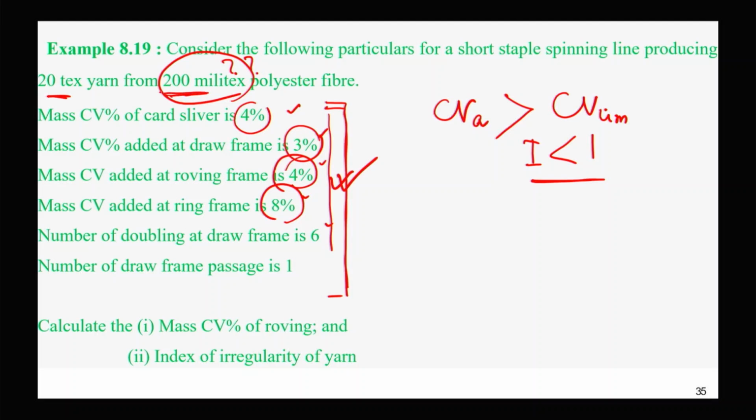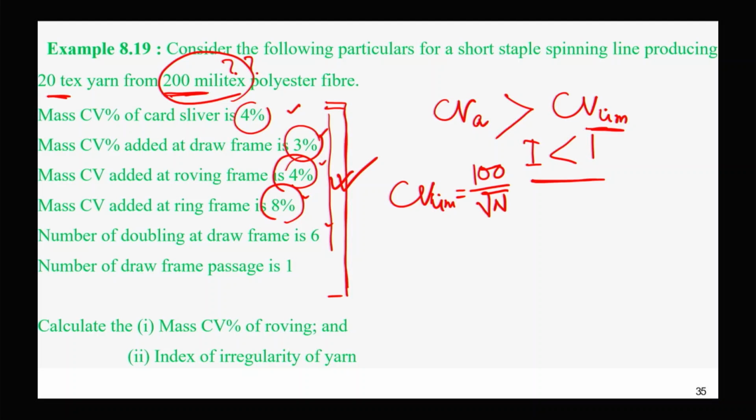So we have considered this millitex. So what is limit irregularity? Limit irregularity is 100 by under root n.